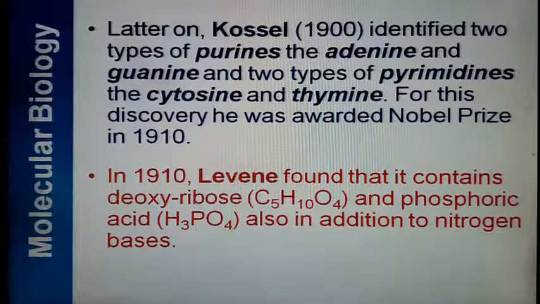Levene further extended the work. He hydrolyzed nuclein with dilute hydrochloric acid and found the presence of a pentose sugar, deoxyribose, and phosphoric acid.